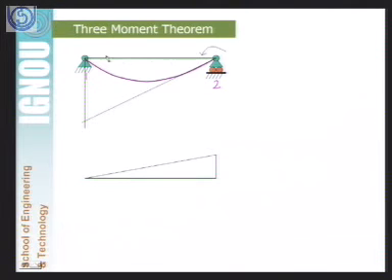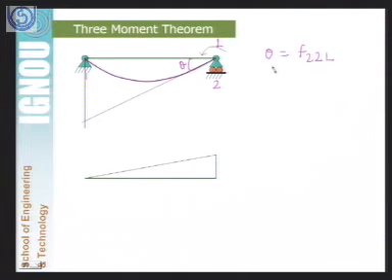So friends, we have already seen in the earlier slide what will be the value of rotation at a node if we apply a unit moment at this node. In this slide we are going to calculate what will be the rotation at node 2, this theta, if we give a unit moment at node 2, and this theta will be equal to F22L.